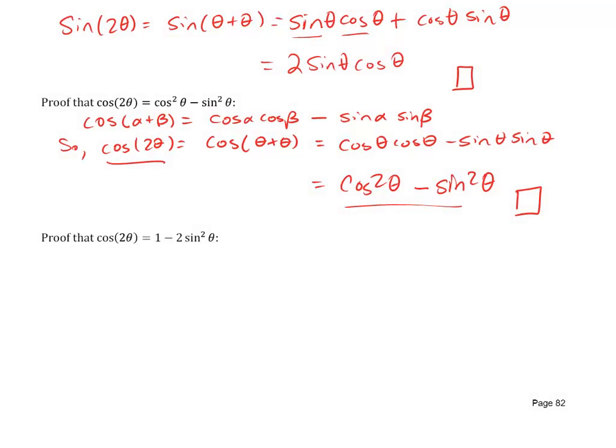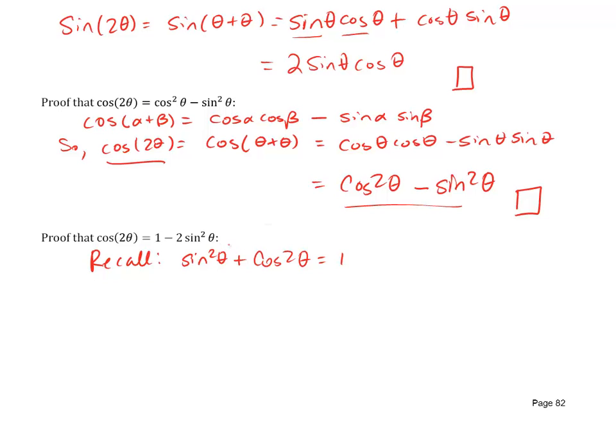To see where the other double angle identities for cosine come from, all you have to do is recall the Pythagorean identity. That is, sine squared of theta plus cosine squared of theta is equal to 1.